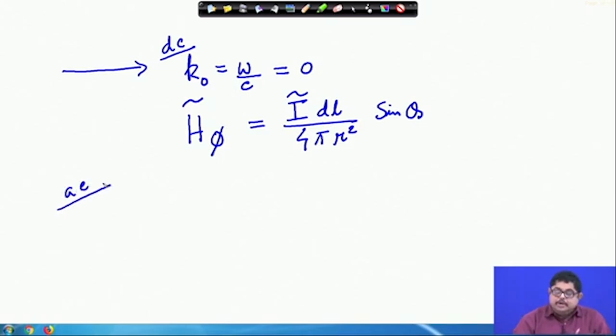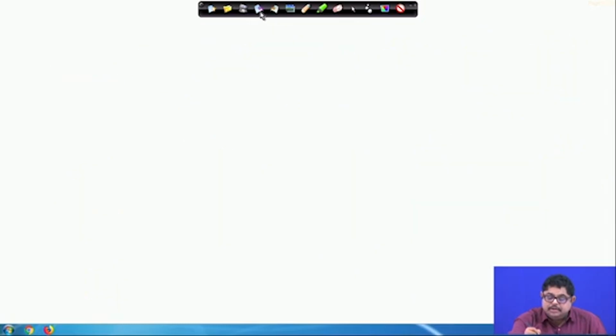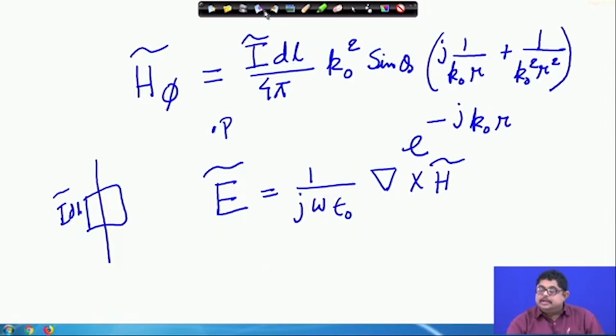So, we do not have DC, we have AC current. If we look at the magnetic field expression, you see that these are all constant terms, this is a phase term, but magnitude wise I have a term varying inversely with the electrical distance r and another varying inversely with the square of that distance.